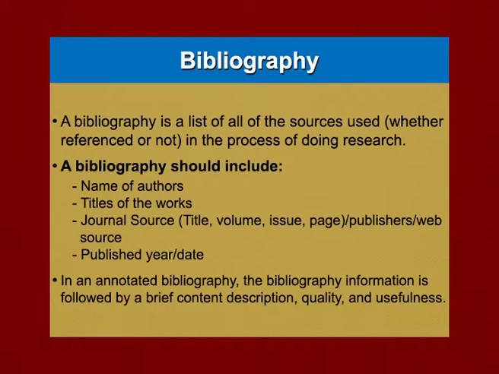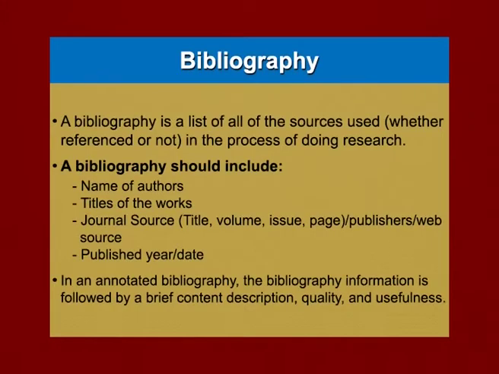If it is from a journal, then title, volume, issue, page, publishers of the journal. If it is a web resource, then you have to have the URL of the source. And if it is taken from a book, then the nature of documentation will differ. Also you will find the published year, and the date if it is a newspaper kind of thing, references.